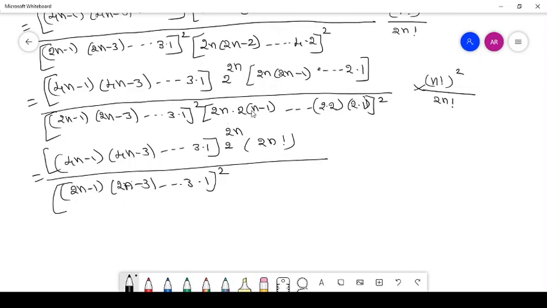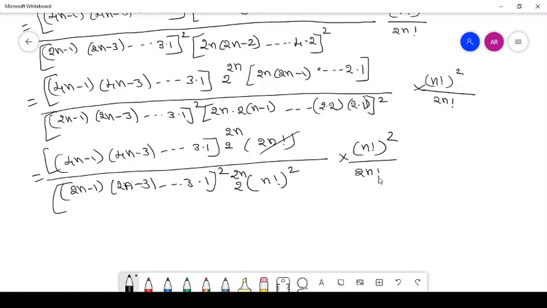This is also n into n minus 1, like that. So 2 power n whole square is nothing but 2 power 2n, into n factorial whole square, into n factorial whole square by 2n factorial.